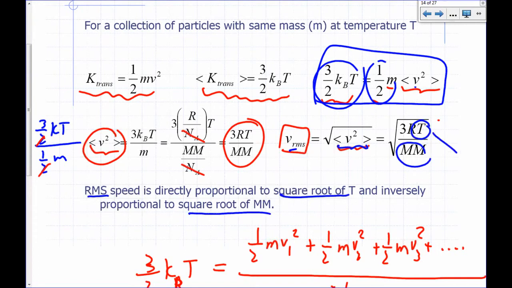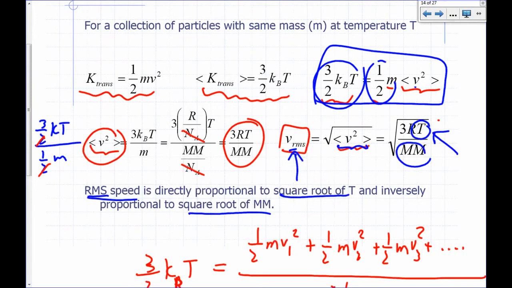That means the higher the temperature, the higher the average speed. You can think of RMS speed as sort of like an average speed. It's not really a true average speed. It's the square root of the average of the square of the speeds. But still, it's related to the average speed. The higher that value is, the higher the average speed is. So let me just think of it as average speed for now.